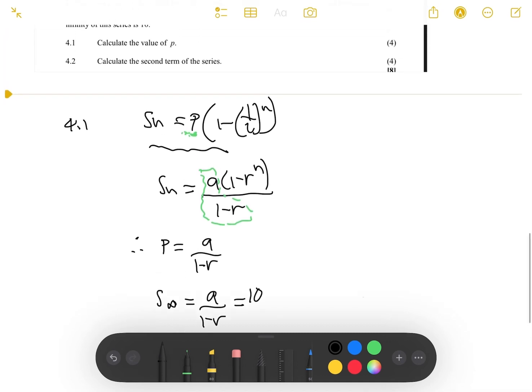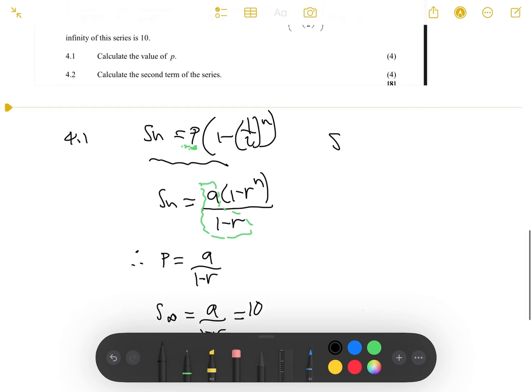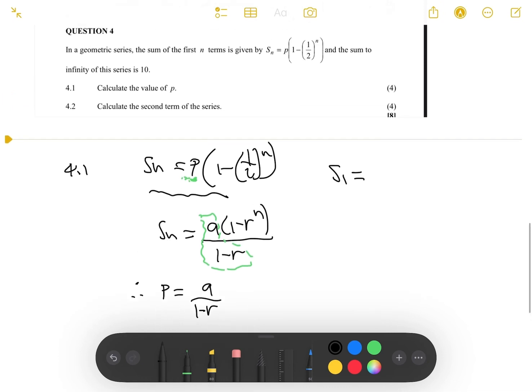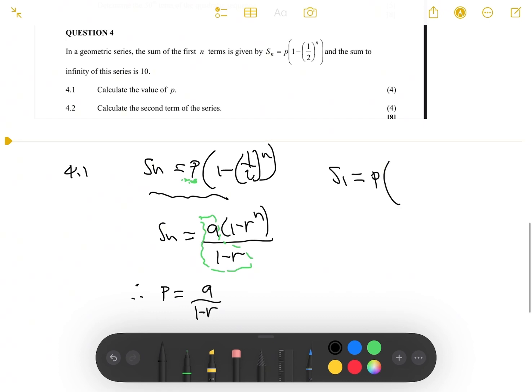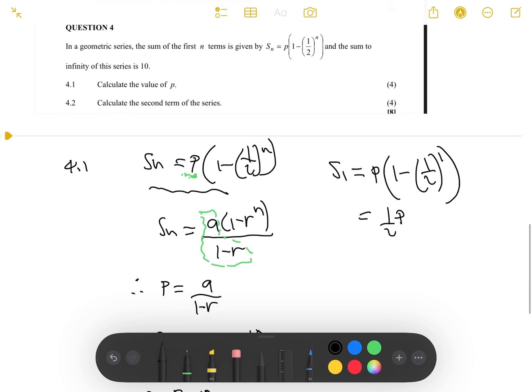Another way of proving it would have been what? We would have used S1 of which is equals to P 1 minus half to the exponent 1, right? Of which here we end up with half P, right, being equals to 8. Therefore, S1 is equals to 8 is equals to half P. We know S1 is the first term.